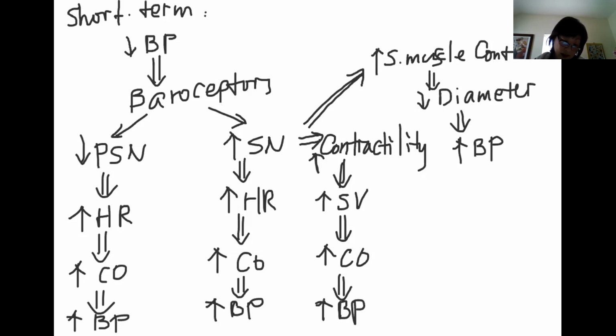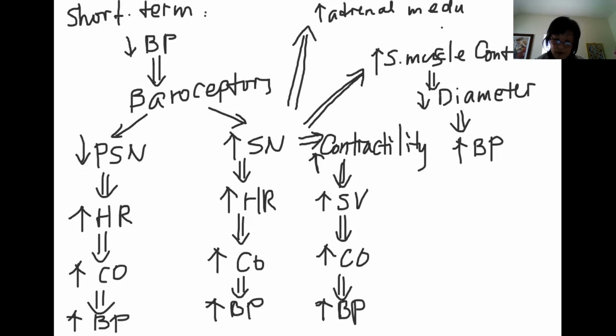Okay, and one more arm here. Let me go on top, right here. Stimulating the sympathetic nervous system will stimulate the adrenal medulla. This one will increase the hormone release, norepinephrine.